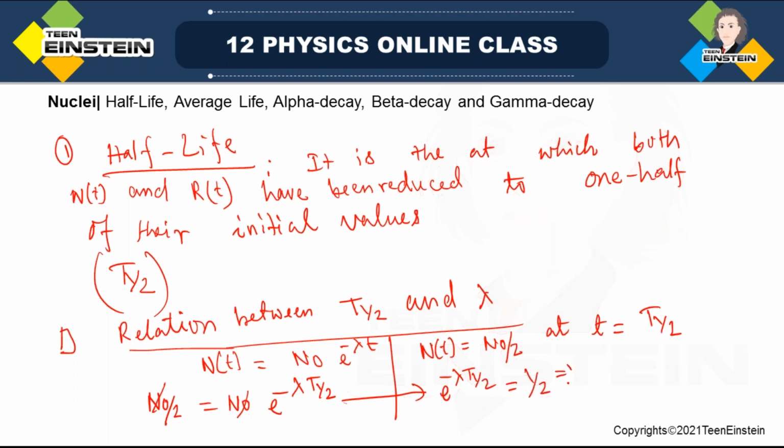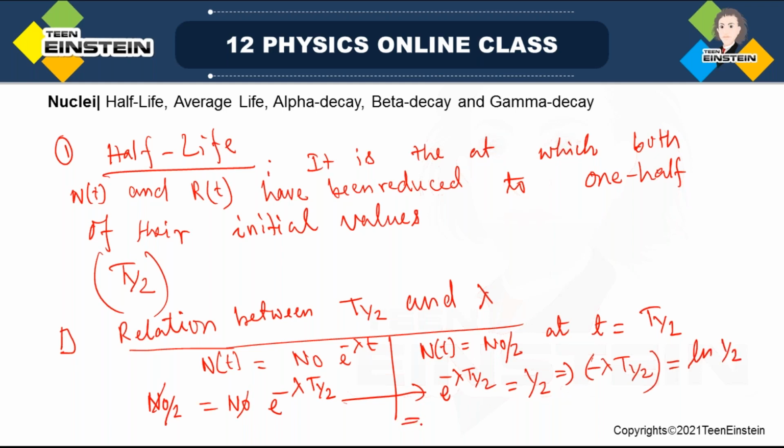To remove the e to the power term, you have to take log on both sides, and that is the natural log, so ln. Bringing lambda t half down, it will be minus lambda t half equals ln half.